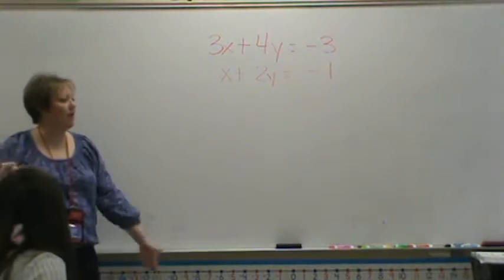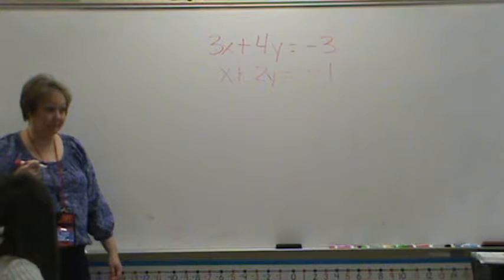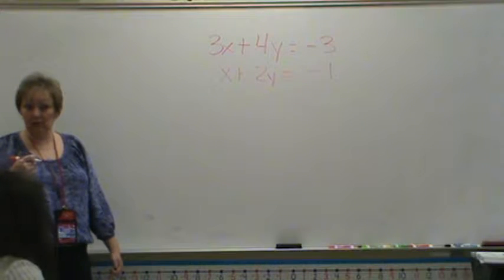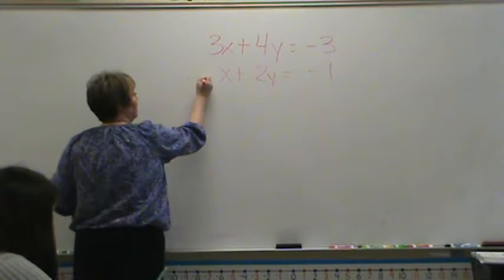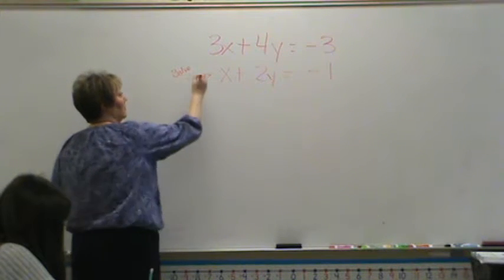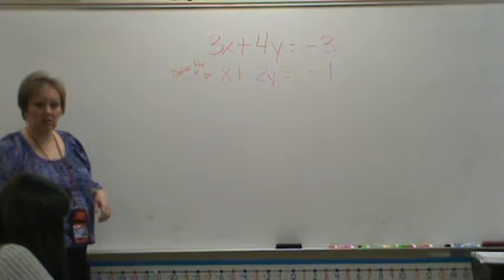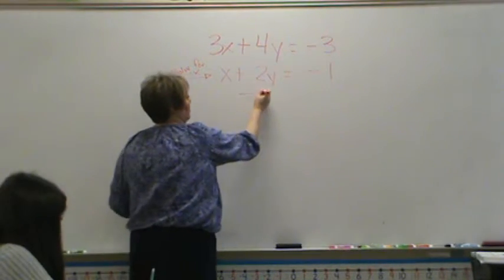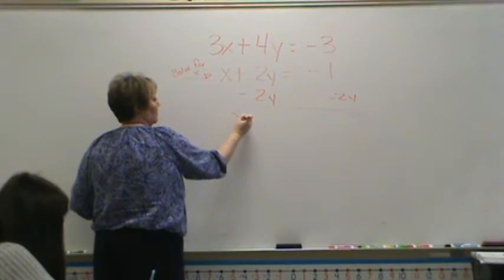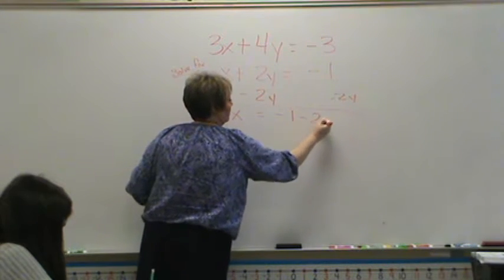Okay, I've got to solve one of these for a variable. Which one? Which one's easiest to solve for, either x or y? Solve for x. How? Subtract 2y. I'm good with that. And that will give you x equals -1 minus 2y. Okay?